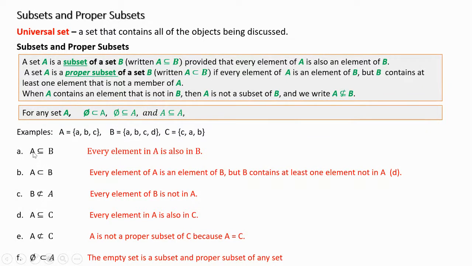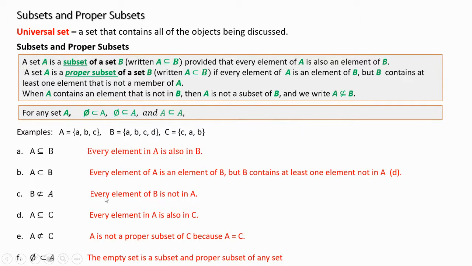For example, A is a subset of B, which means every element in A is also in B. A is a proper subset of B, which means every element of A is an element of B, but B contains at least one element that is not in A, which is D. All these elements are also in B, but B contains an element that's not in A.